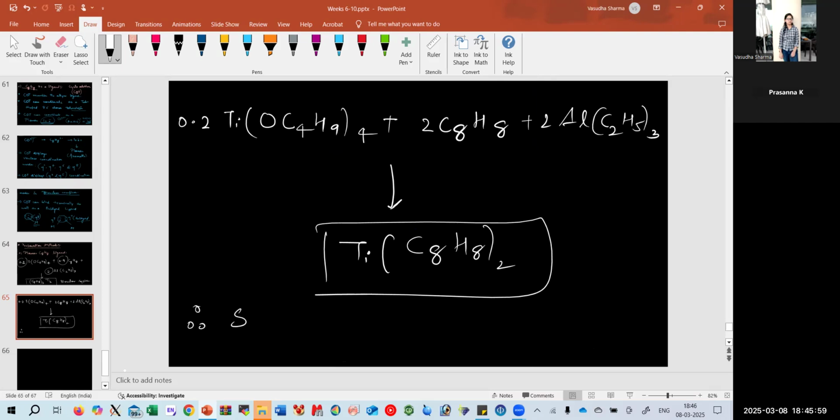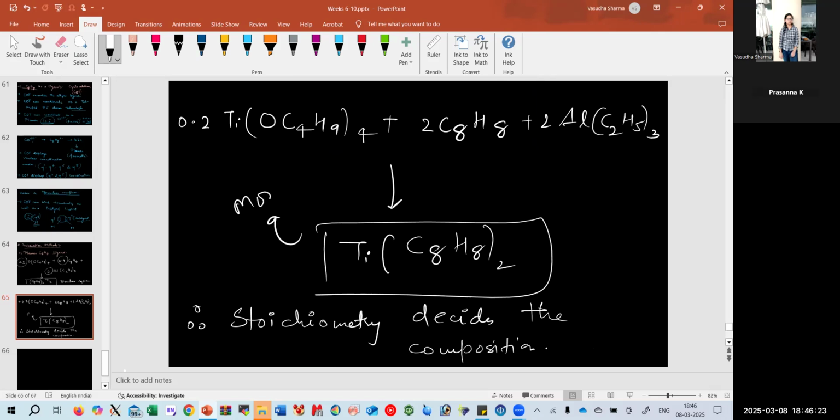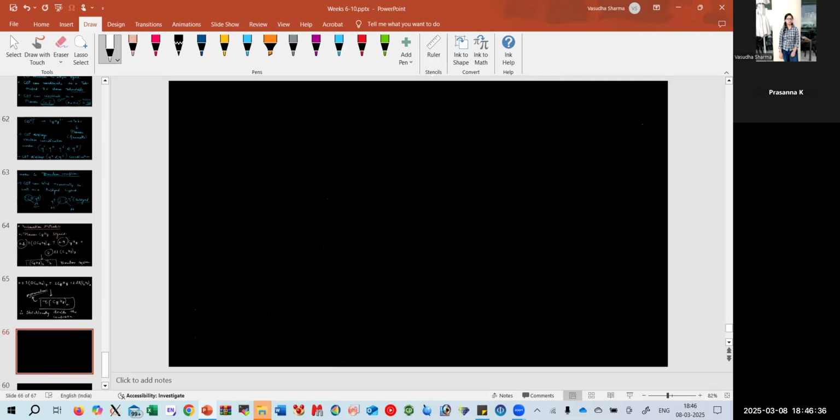Therefore, what it means to say is that the stoichiometry really decides the composition of your complex. How many moles you're giving and how many moles are actually reacting, it depends. It really decides how your complex is going to be, whether it is going to be a mononuclear center or a binuclear system. So this was the first way of treating it with COT in the presence of a Lewis acid and making a complex.